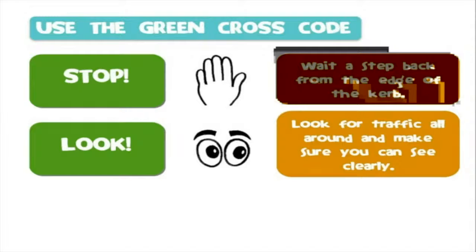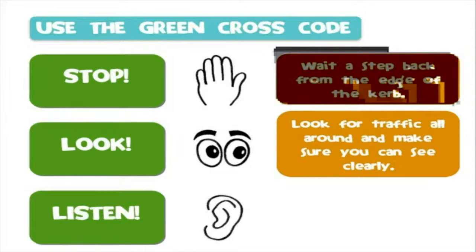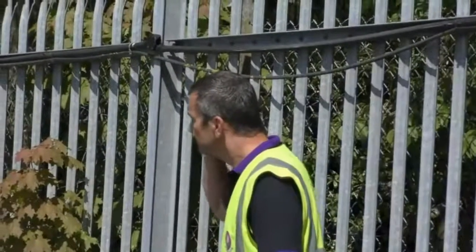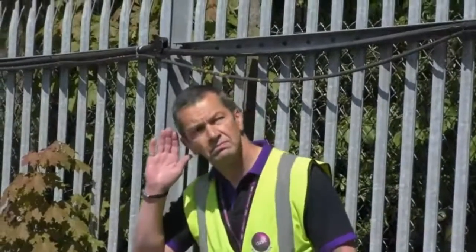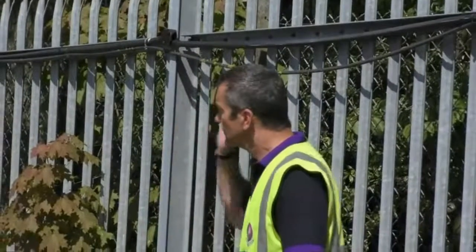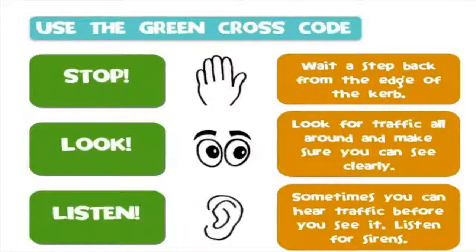Look for traffic all around and make sure that you can see clearly. Listen. Sometimes you can hear traffic before you can see it. Make sure to listen for sirens too.